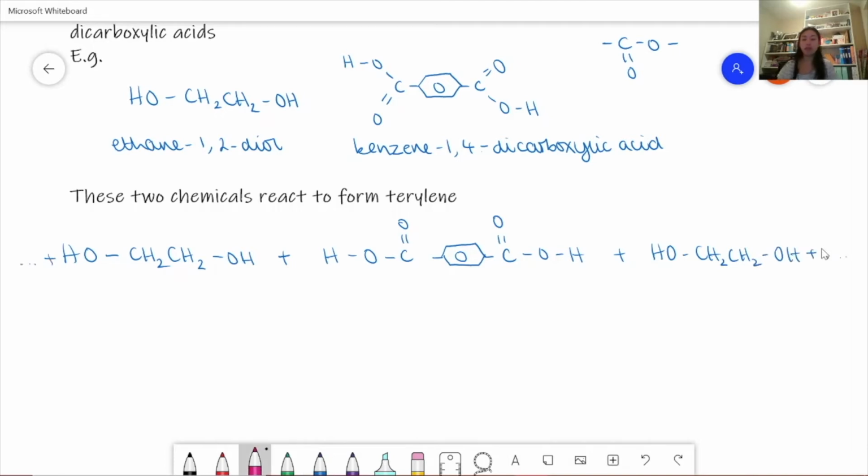What we're doing is we're removing waters. So we're removing this water here. So this water comes out in the condensation polymerization. And this water also comes out as well. And so on down the line.